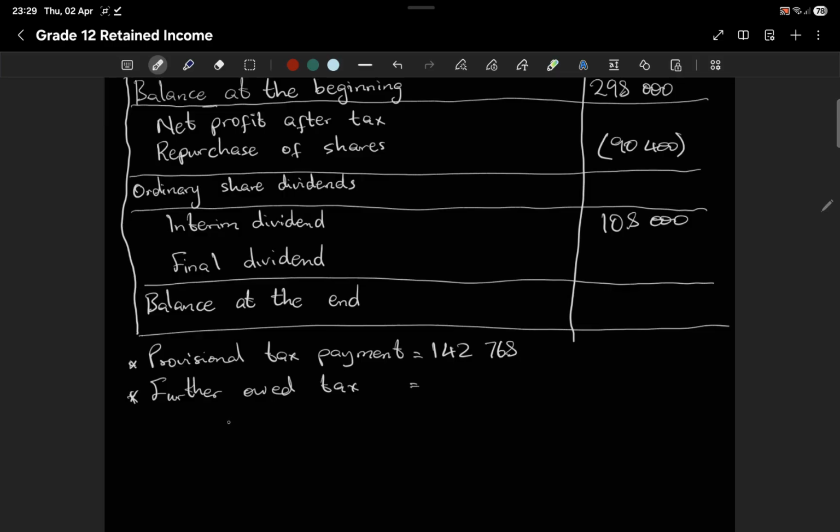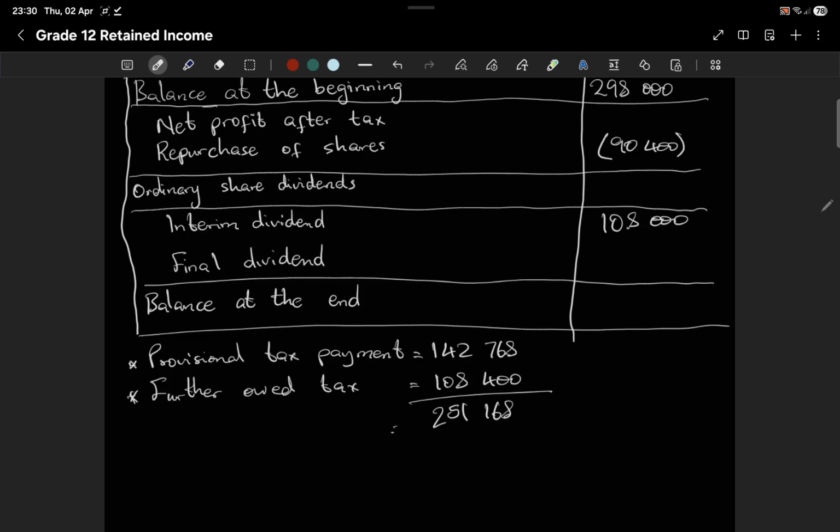Then the further owed tax is 108,400. Then, as I said, you need to add them to get the total tax that the business had to pay SARS for the year. Then in total, you are going to get 251,168.